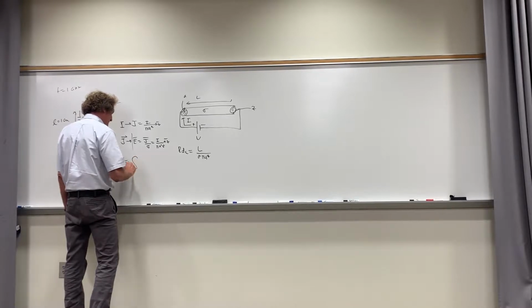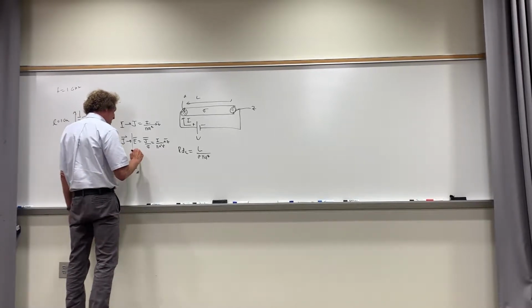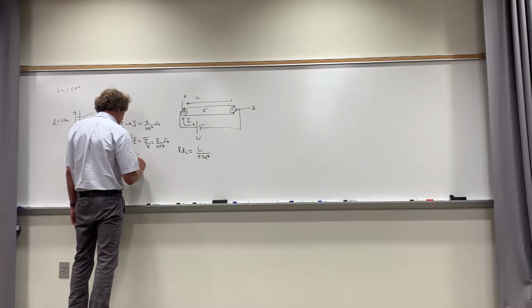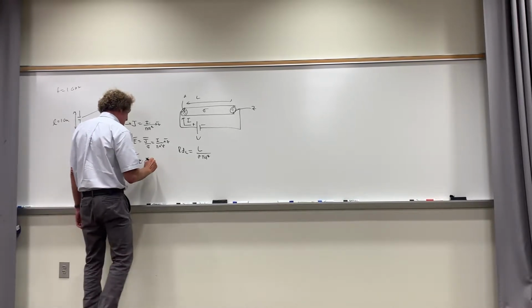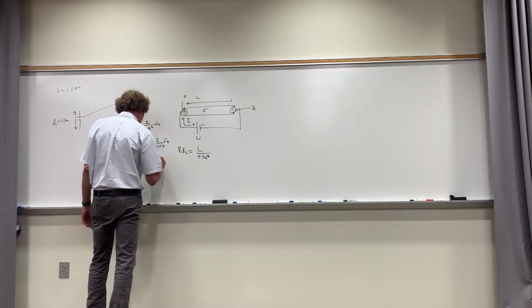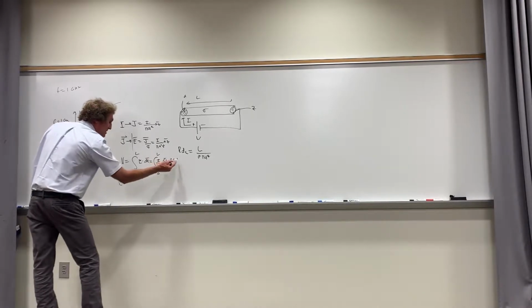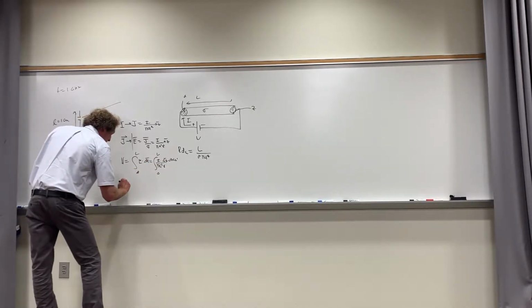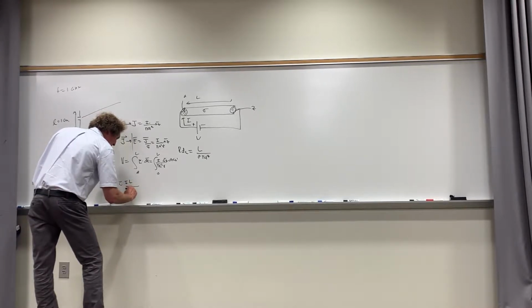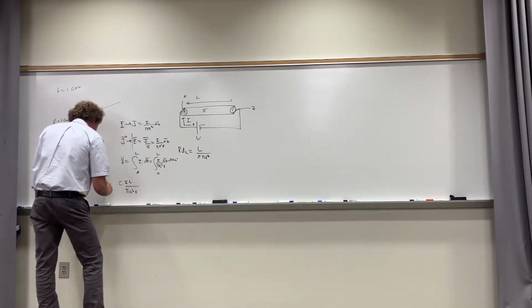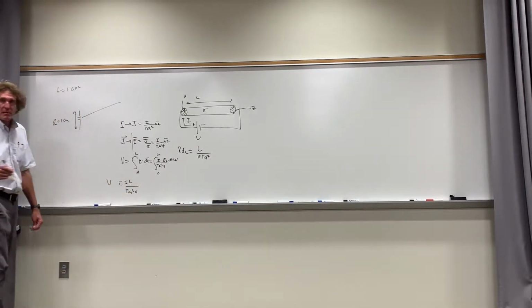You only care about the magnitude, by integrating from 0 to L of the E field dot dL. That means you would integrate from 0 to L of I over pi A squared sigma a_z, dot dz a_z. a_z dot a_z is 1, so you end up getting just L, and it becomes I L over pi A squared sigma, and that's equal to the voltage V. Now, you remember doing this, right?